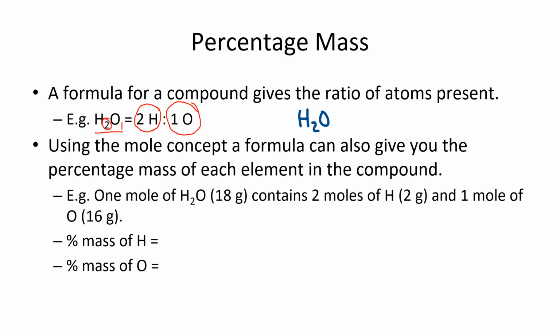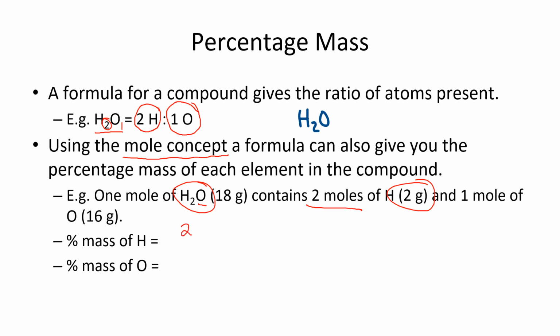So using our mole concept now, since we know that particles are related to mass through the molar mass values off the periodic table, we can work out what the percentage of the mass would be for each of those elements as well. So instead of 2 to 1, which is the particle ratio, we can work out a mass ratio as well. So to do it for hydrogen, we know that 2 grams, 2 moles of hydrogen for every 1 mole of the whole thing of the water will be the percentage of hydrogen.